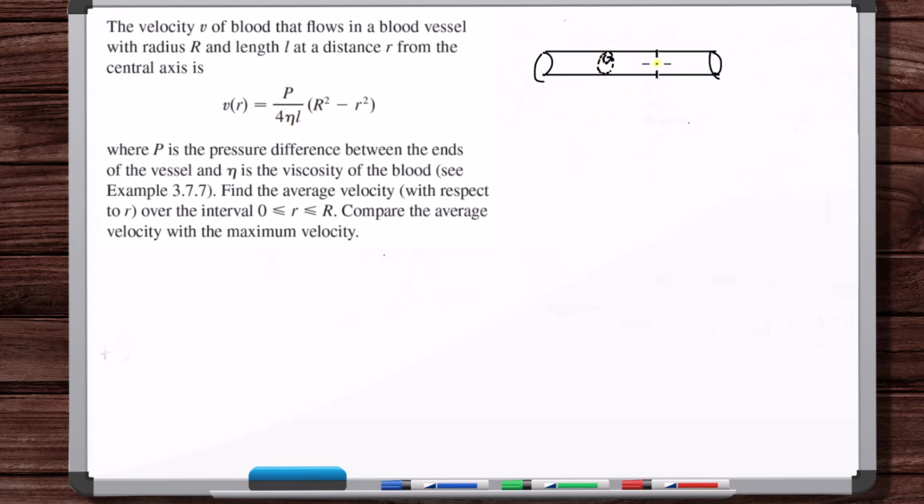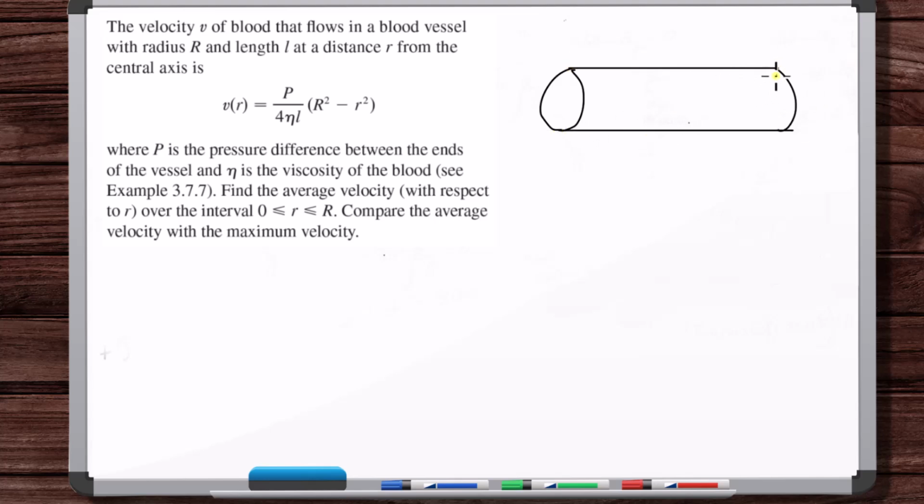Let me redraw this, zoomed in. So you've got this blood vessel, a certain length of blood vessel, and the velocity of the blood is not a function of this direction.